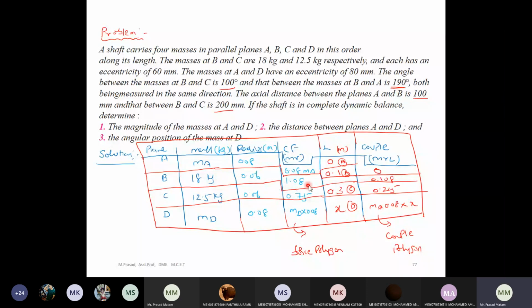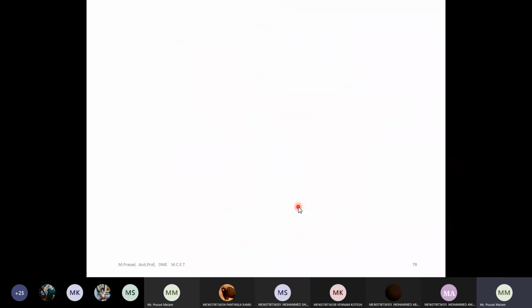Now if I go for the centrifugal force, for plane A it is 0.08 MA, for B it is 1.08, for C it is 0.75, and for D it is MD into 0.08. Here MA and MD are the two unknowns. Let us draw these two diagrams, force polygon and couple polygon, separately. My suggestion is always go for the couple polygon first, then draw the force polygon.